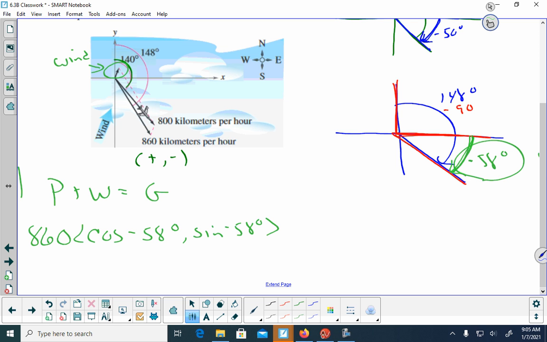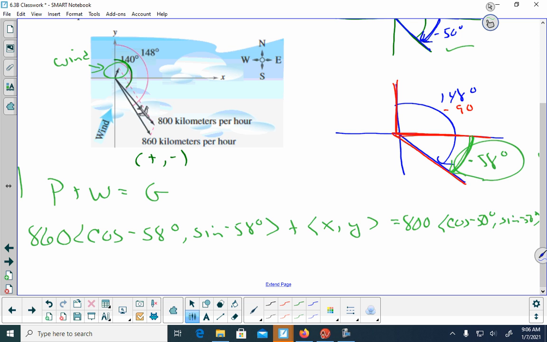So I'm going to take the plane plus the wind. Well, I don't know the wind. The wind is going to be a vector, so I'm going to call it x and y for lack of anything else to call it. So that's going to be the speed of my wind. And then that's going to equal my ground speed. Well, they said on the ground it looks like the plane's only flying 800 kilometers per hour. And then the angle will be this one right here, so that's negative 50. So the cosine of negative 50, sine of negative 50.